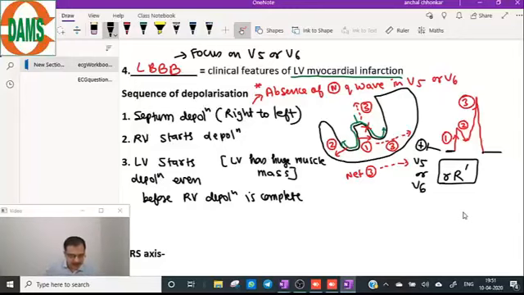This will be the morphology. Very nice. And this resembles the English letter M pattern in V5, V6. Yes, very good. This will be small r, capital R dash, and it is an M pattern. So these are the 4 abnormalities of the QRS morphology.